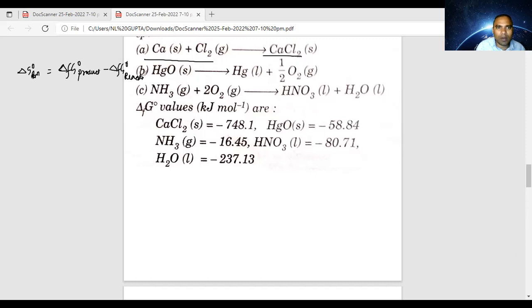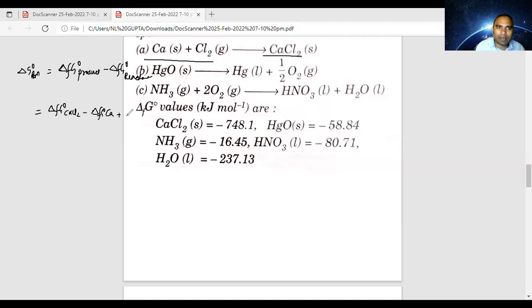Now, delta Fg naught of products: how many products are there? Product means delta Fg naught of CaCl2. And next is the reactant delta Fg naught. First this is going to be Ca.